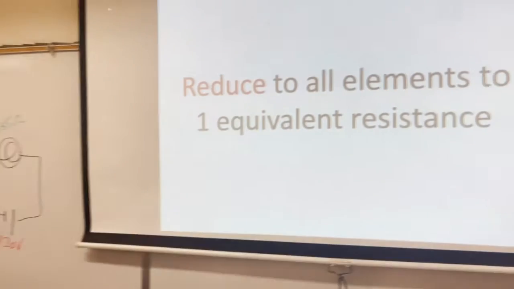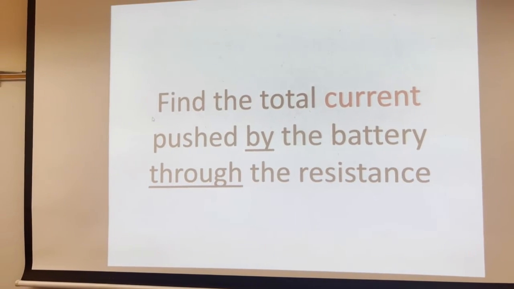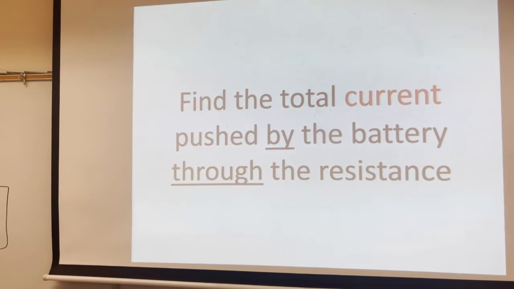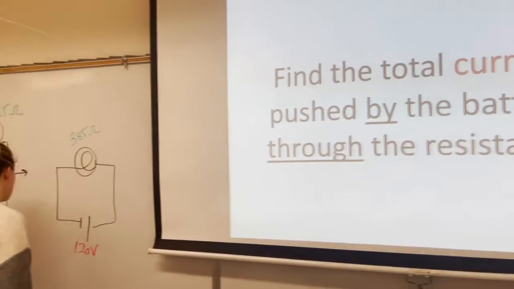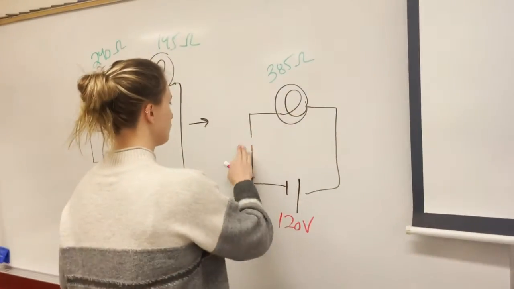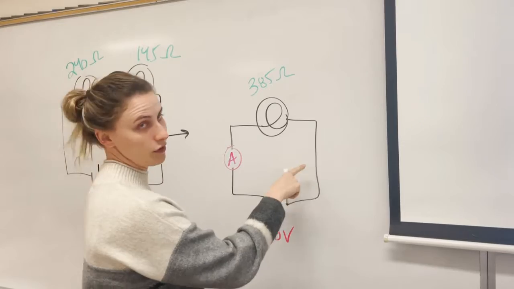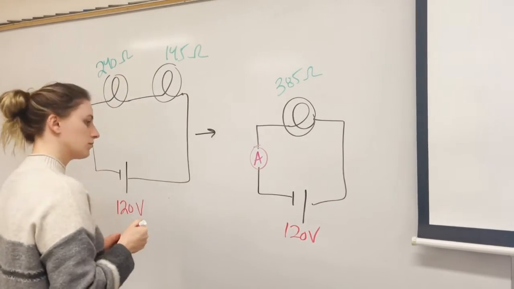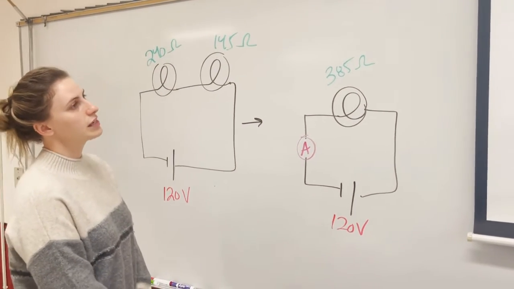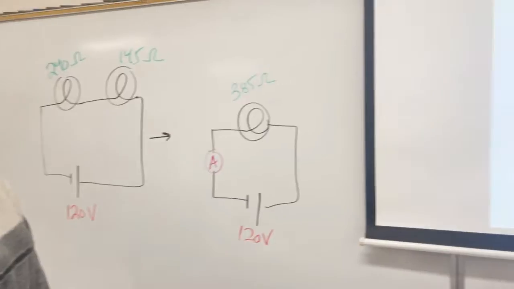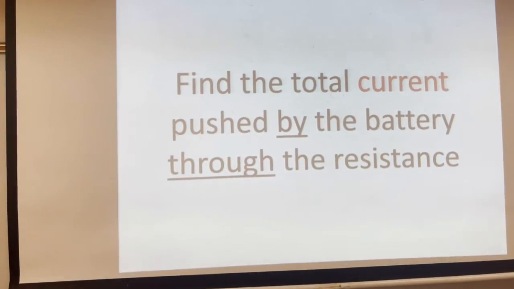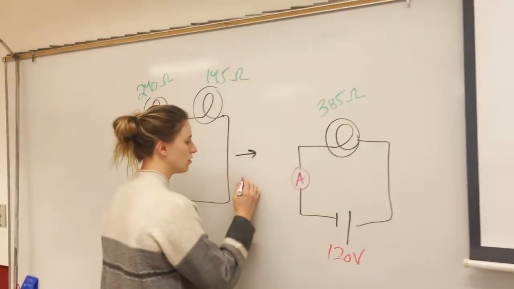Okay. So find the total current pushed by the battery through the resistance. Now we can do that now that we have the equivalent resistance. Can I put the ammeter over here? It doesn't matter, as long as it's in the flow. Okay. So now, if I want to find the total current, how do I do this? Ohm's law rules the electrical universe.